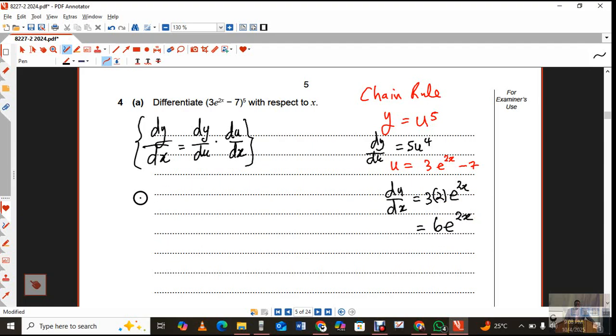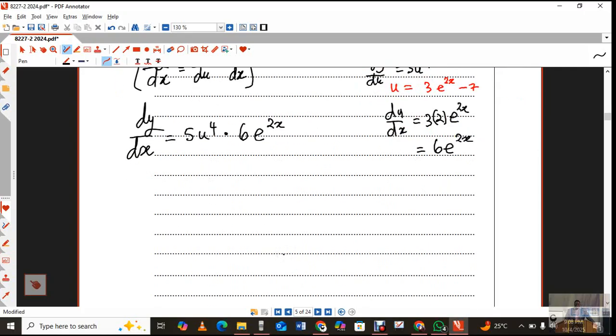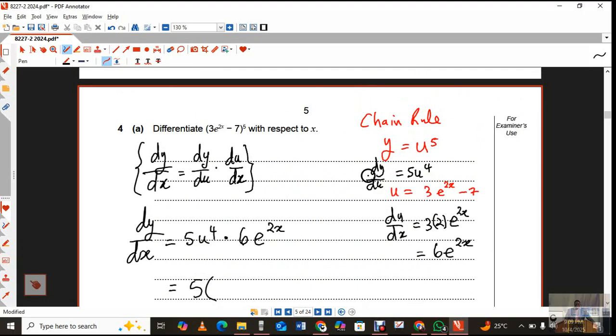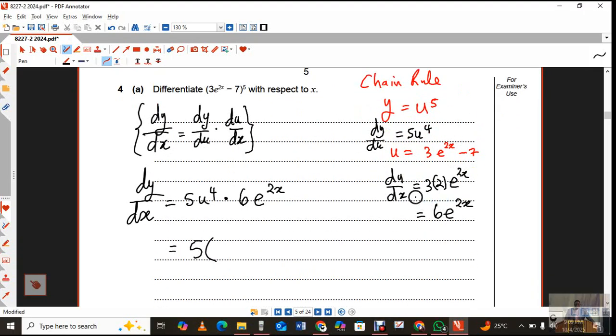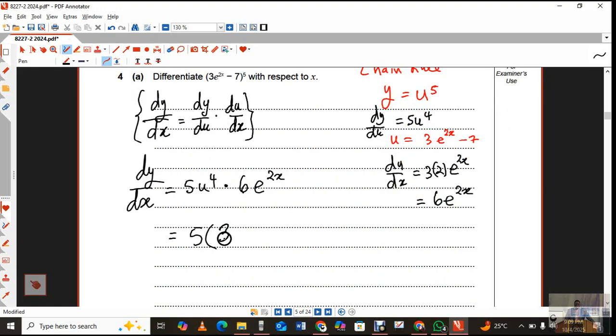Now we're going to find dy/dx. So dy/dx is dy/du, which in this case was 5u to the power 4, times 6e to the 2x. But we know what u is, so we have to put our u back. So it is 5 in bracket, 3e to the 2x minus 7, times 6e to the 2x.